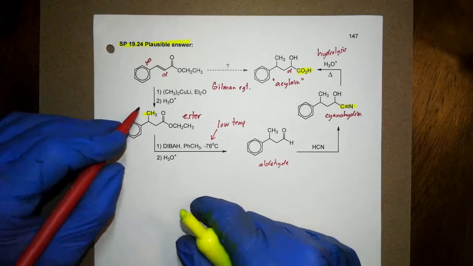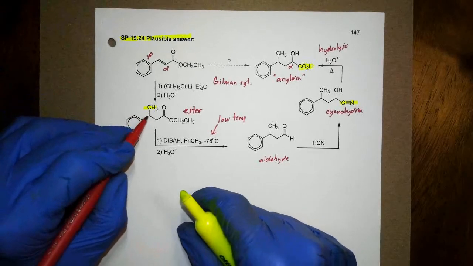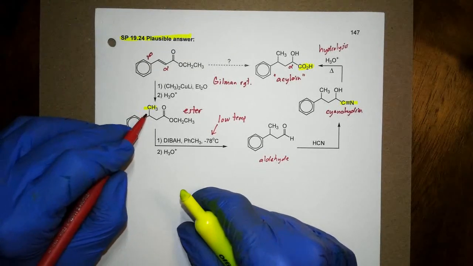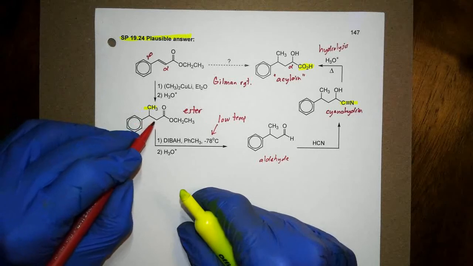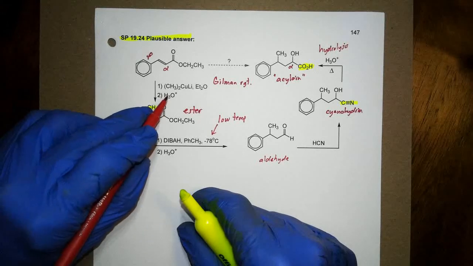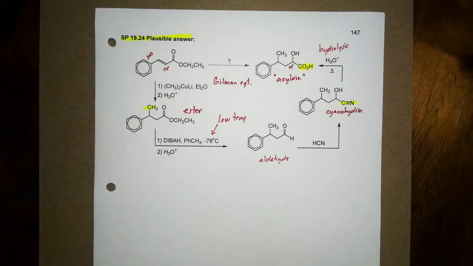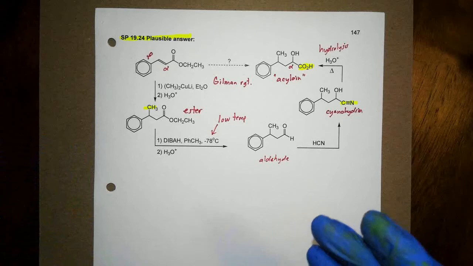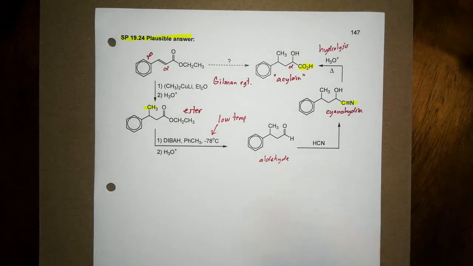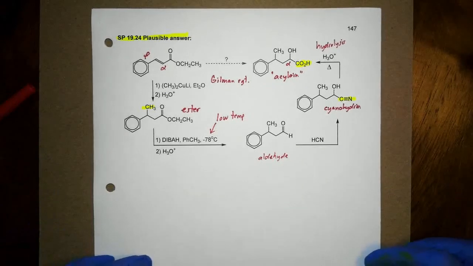And that would install that methyl group in the form of methide into the beta carbon. And of course there's two hydrogens on the alpha carbon. One of those gets installed by treatment with acid. Alright, so this is a very complex synthesis, but it's one that if you look at, hopefully you understand each step along the way. Kind of hard to come up with these on your own, but again, these are the reactions that we discussed in chapter 19.